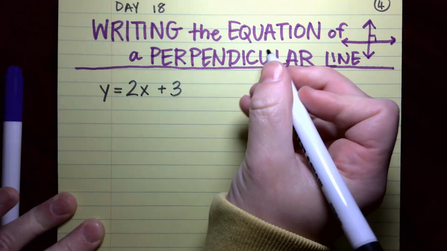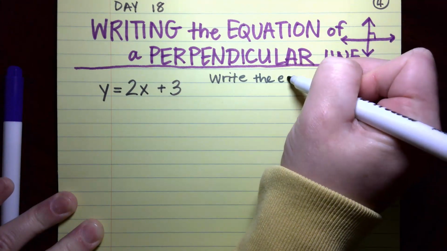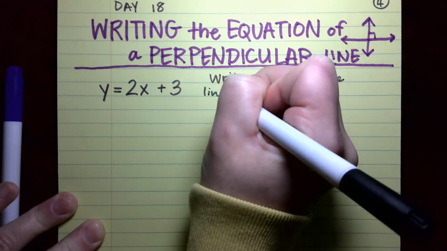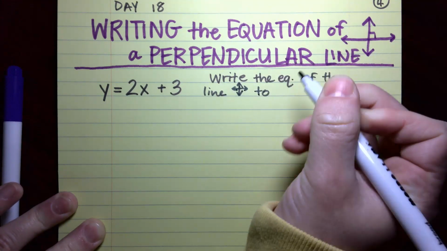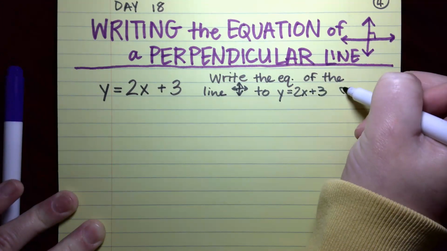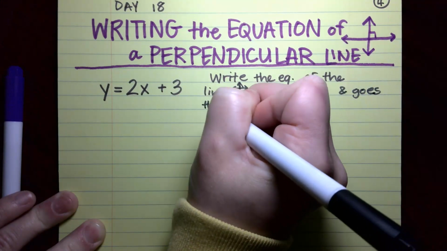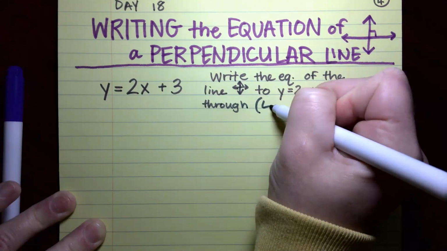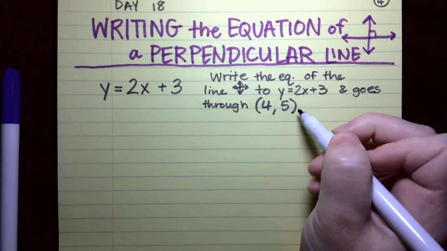And I'm going to say, write the equation of the line perpendicular to y equals 2x plus 3 and goes through the point, let's say, 4, 5.